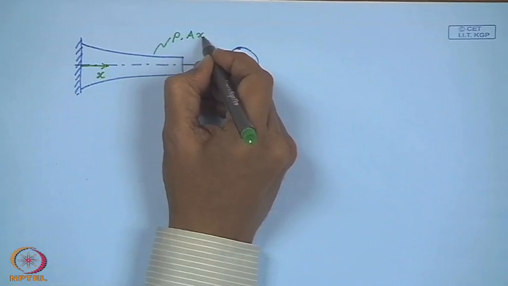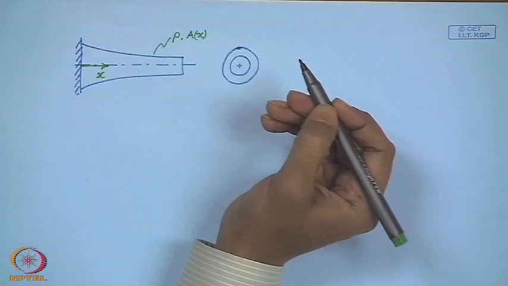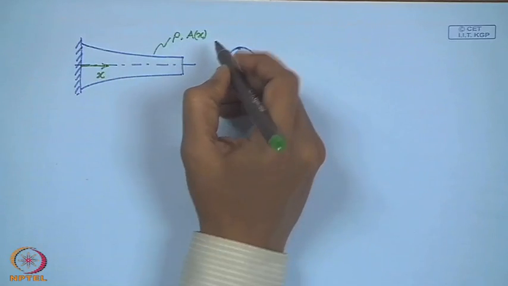There is an area of cross section which may be a function of the spatial coordinate x.